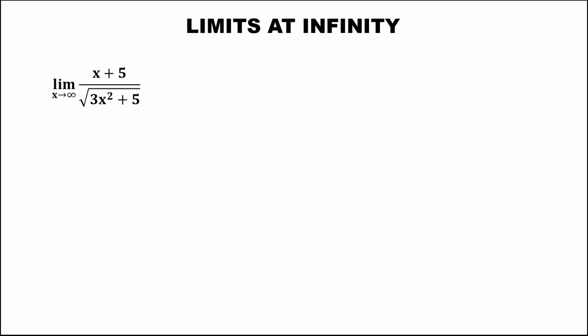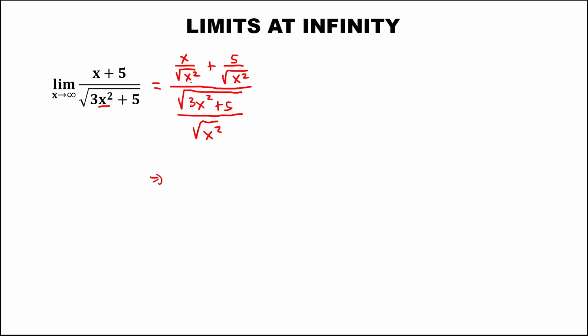Then for this given, we have this x squared inside the radical. So divide every term by the square root of x squared: x over the square root of x squared, plus 5 over the square root of x squared, all over the square root of 3x squared plus 5, over the square root of x squared.